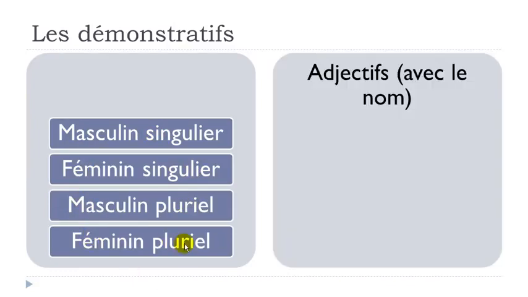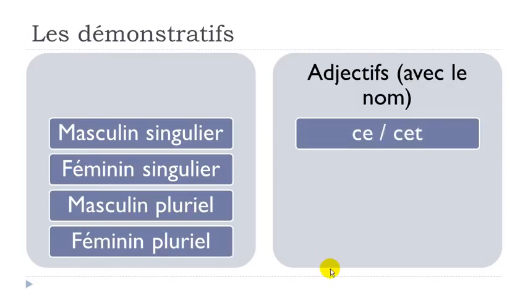When we talk about les démonstratifs, technically it would be translated in English like this. But of course in French we've got the difference between the masculine and the feminine form, and masculine plural and feminine plural. The first one, for the masculine, this adjective will be translated in French with ce, the basic form, or cet.